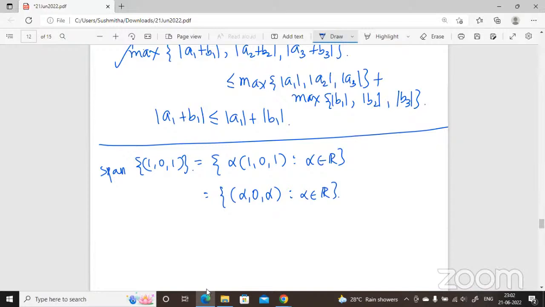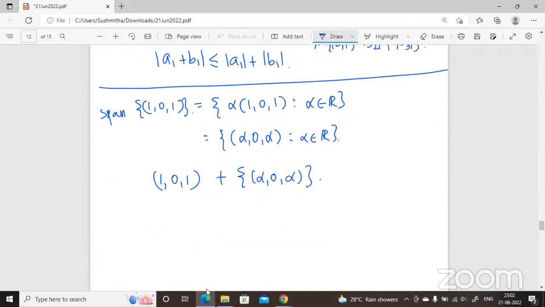Now to this one, if I translate and add 0, 1, 0, to this set I create an affine space. Affine space 101 is the element that I'm translating it by, and it is alpha. Now it is alpha plus 1, comma 0, comma alpha plus 1.